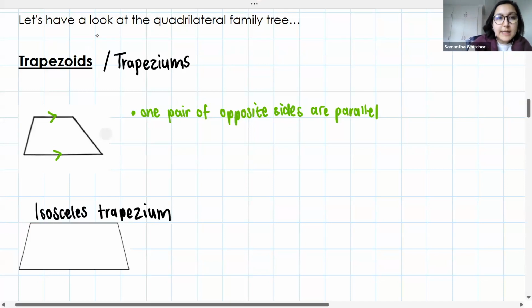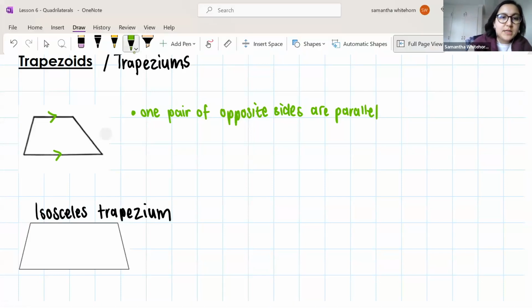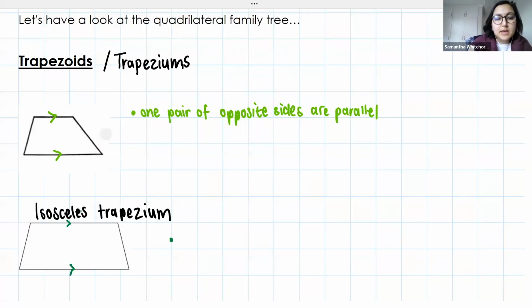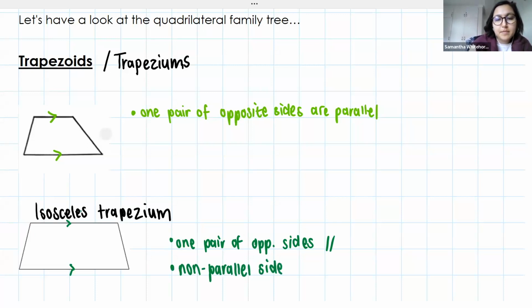This one is slightly more specialized than just your basic trapezium, because not only does it have the one pair of opposite sides parallel, it also has non-parallel sides that are equal in length. So in an isosceles trapezium, our non-parallel sides are equal.